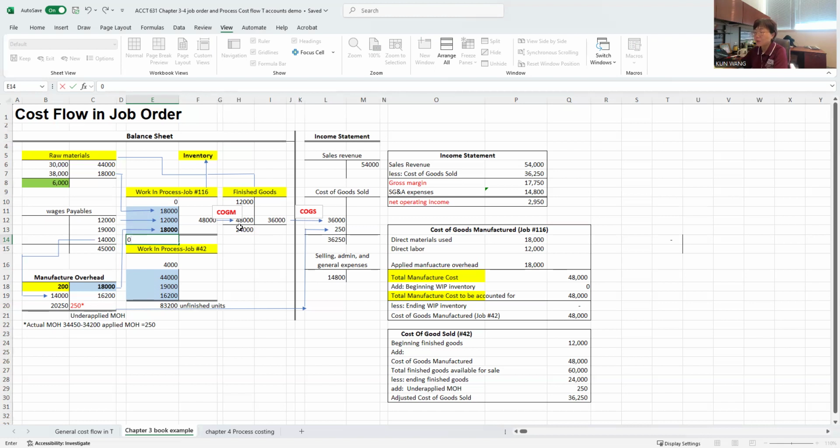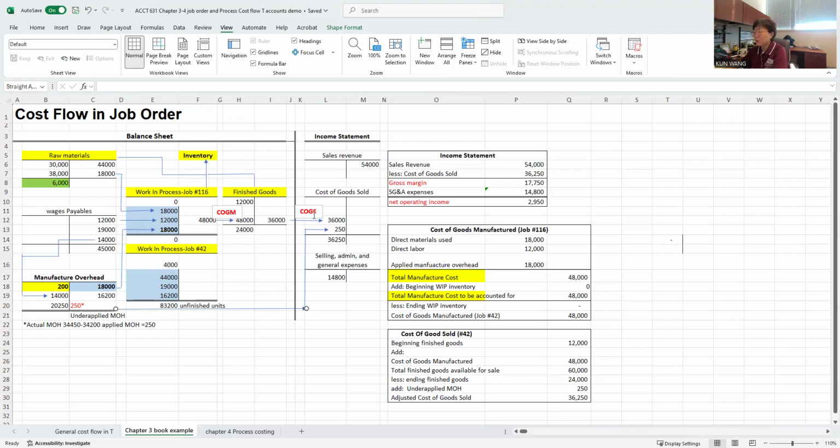The ending balance stays in the balance sheet as part of your inventory account. So your total inventory will be the ending raw material, the ending work in process, which we got for job 42, and then the ending finished goods balance. Those three will be added as your inventory balance.